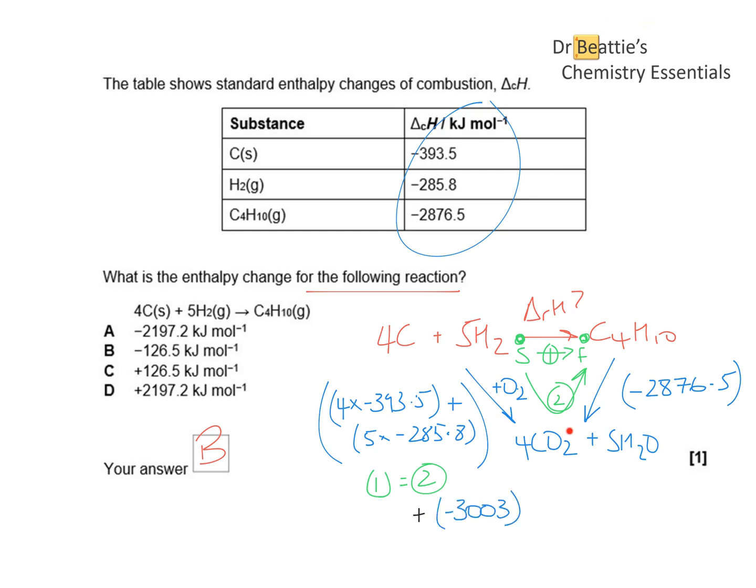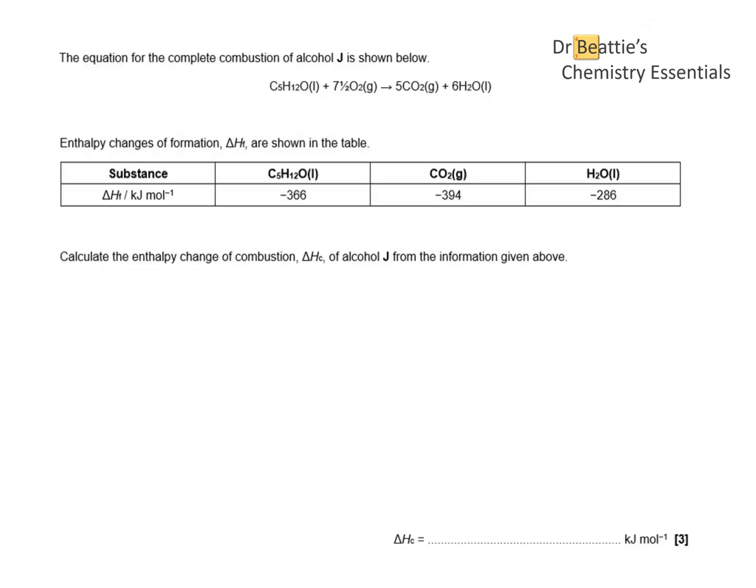And then we're going against this arrow, so we're going to put a minus as a result. And then put in the value for that bracket. And then put this into the calculator, remembering to keep all enthalpies within brackets, and you will get out the correct answer of B, minus 126.5.